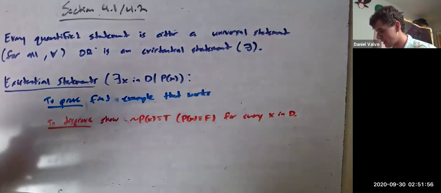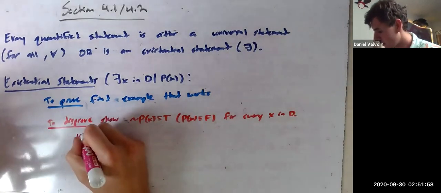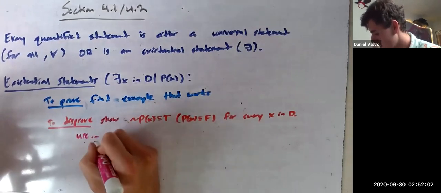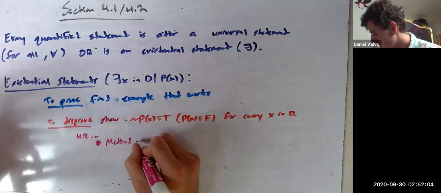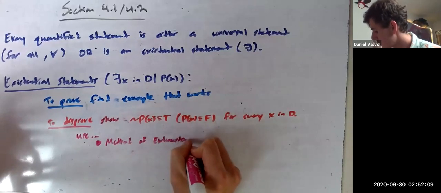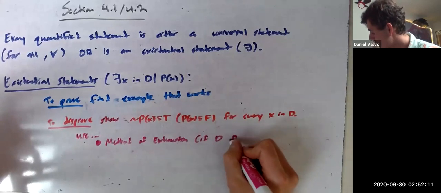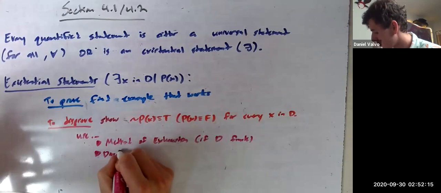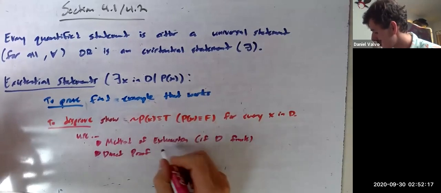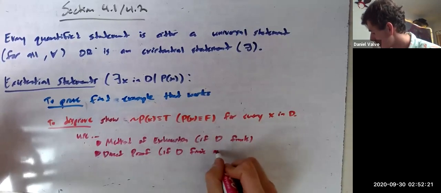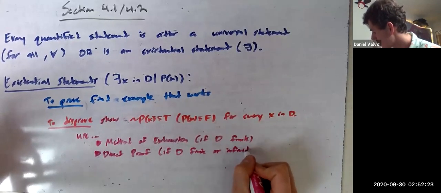And we can do this, and we can use method of exhaustion if D finite, or direct proof if D finite or infinite.